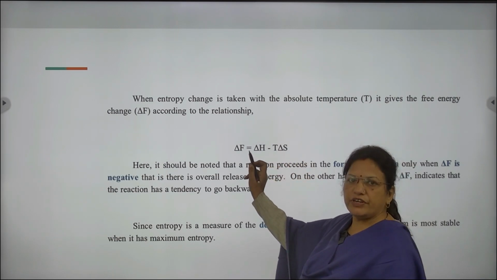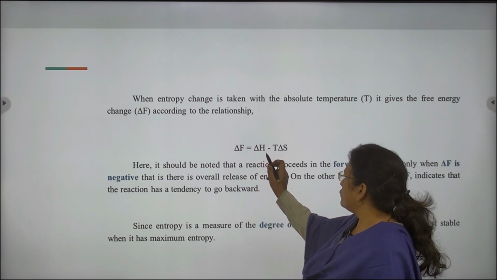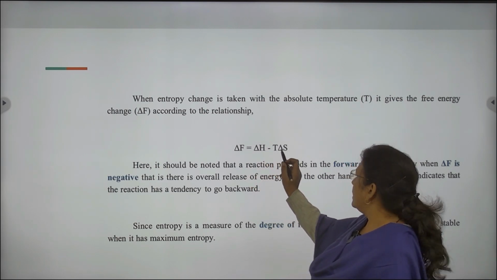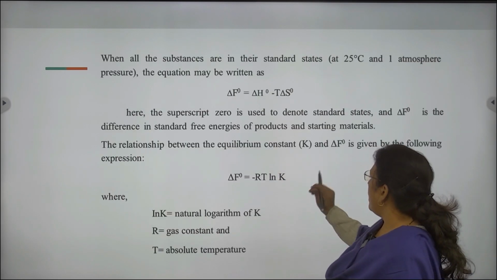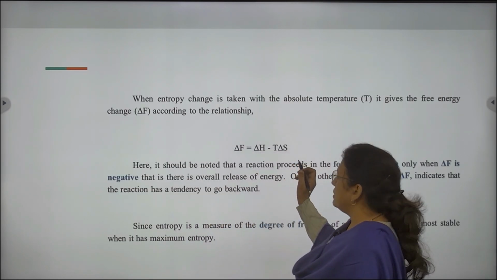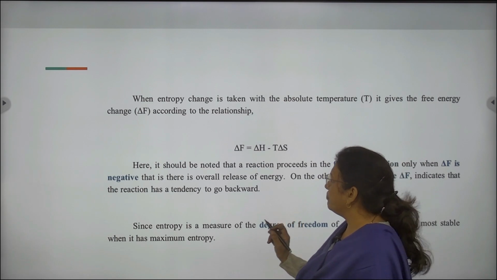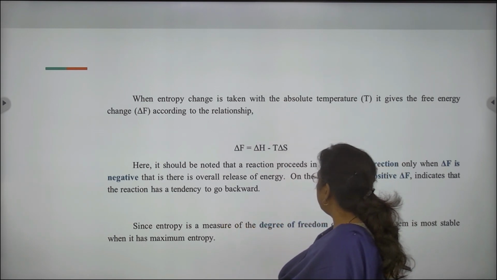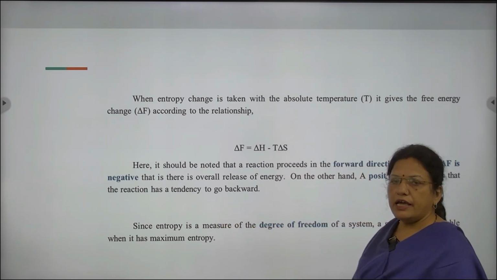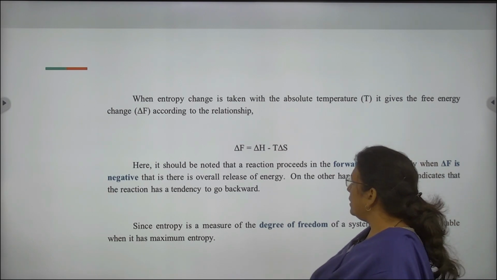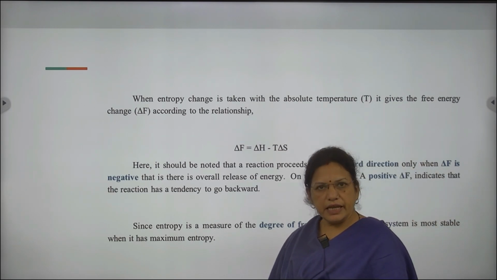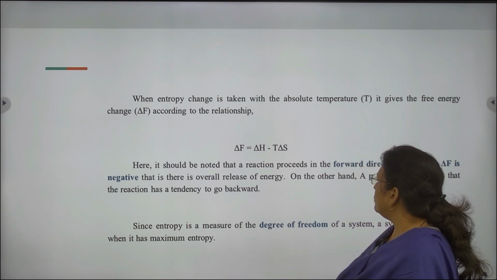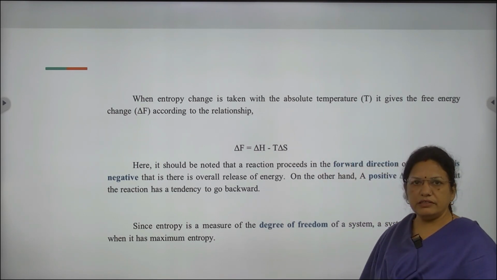Delta F is the free energy change, delta H is the change in enthalpy, T is absolute temperature, and delta S is entropy change. Here it should be noted that a reaction proceeds in the forward direction only when delta F is negative. That is, there is an overall release of energy.